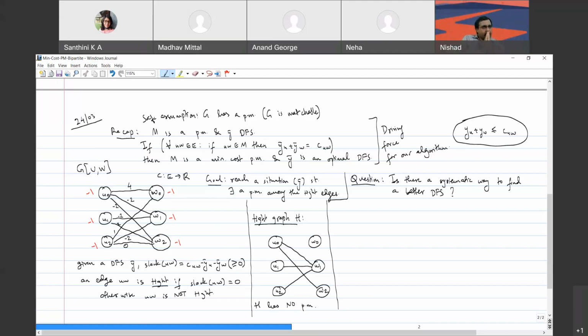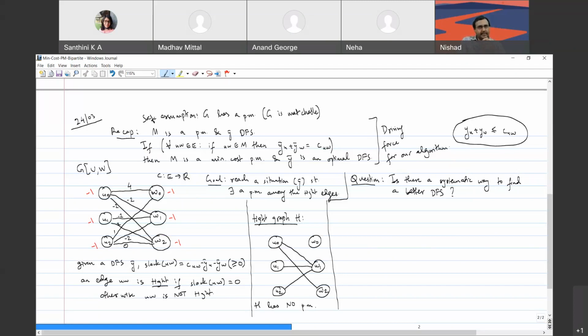How should we go about this? Let's go back to what we did in shortest paths because certain elements are actually common. Does anyone remember how we found a better dual feasible solution in the shortest path primal dual algorithm?